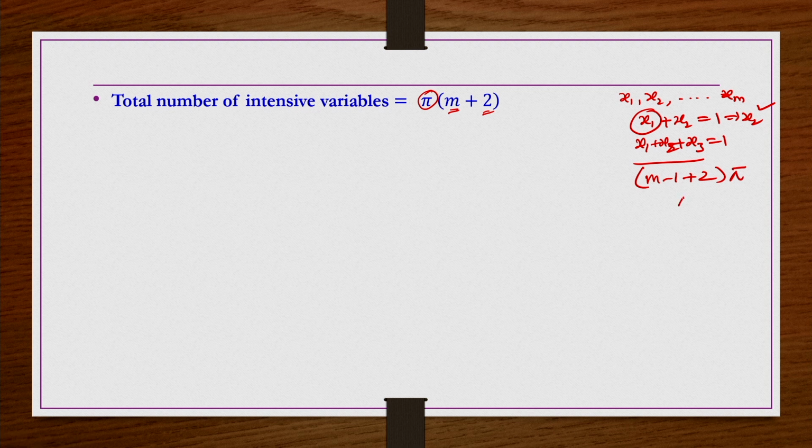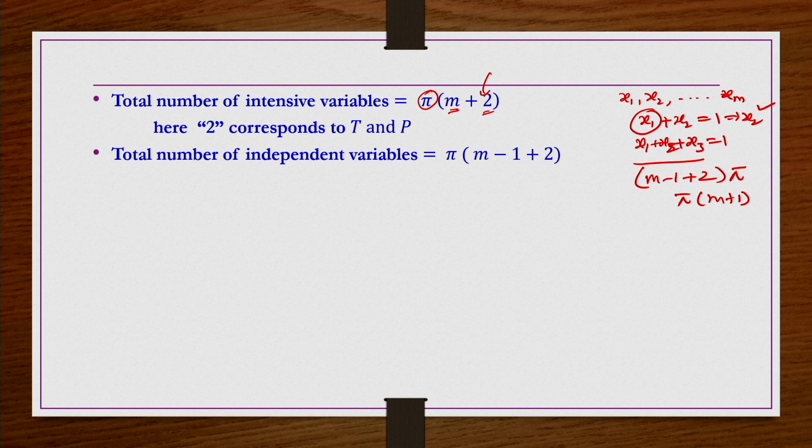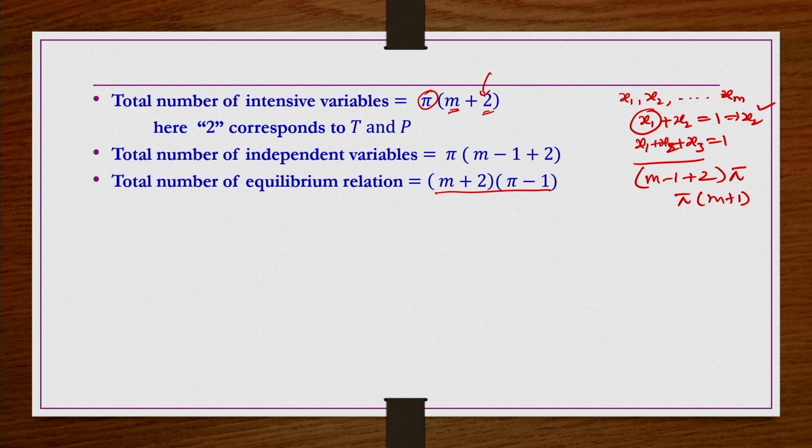So, that is pi multiplied by m plus 1 number of independent variables. The 2 in this relation corresponds to temperature and pressure. So, total number of independent variables is pi multiplied by m minus 1 plus 2, that is pi into m plus 1. And the total number of equilibrium relations, that we have already seen in the previous slides, is m plus 2 multiplied by pi minus 1.